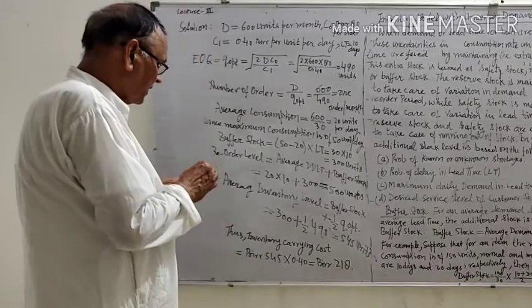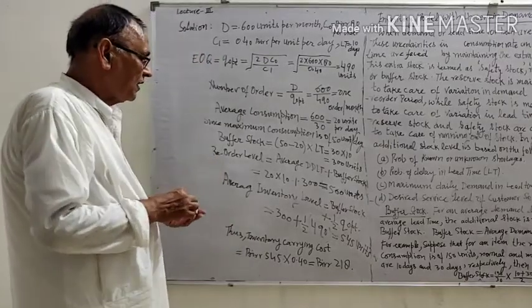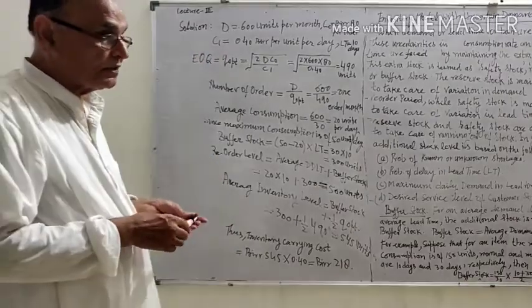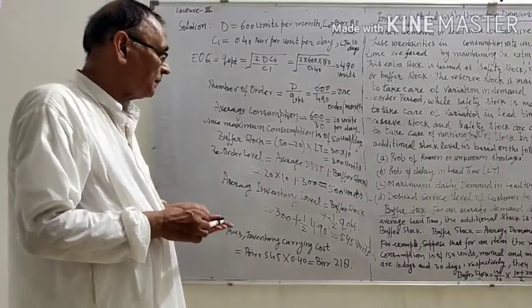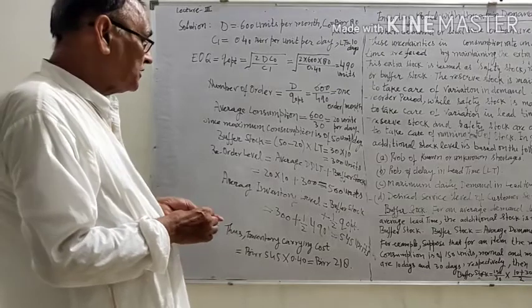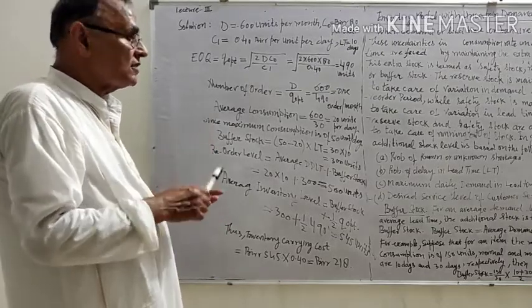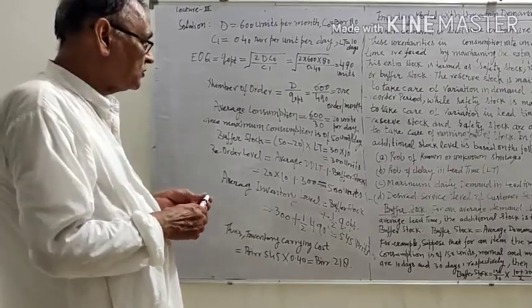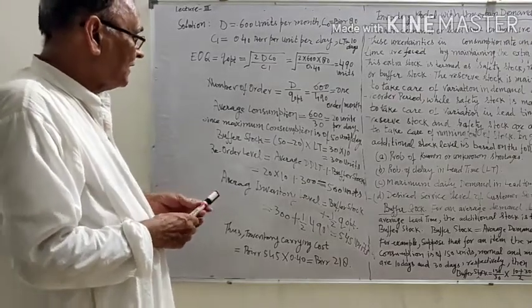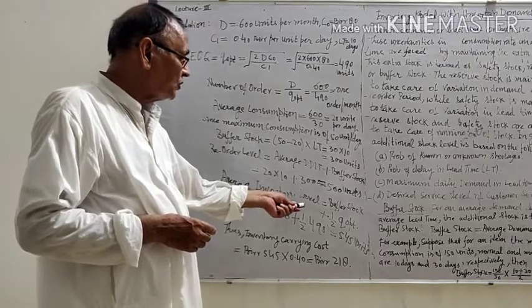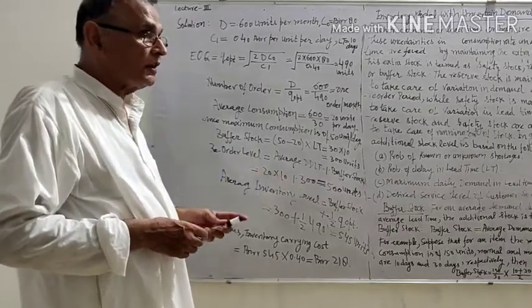Average inventory level is buffer stock plus half Q optimum. In my first lecture, the average inventory was half QT, but dividing it by T per unit time, it was half Q, and buffer stock is also inventory.